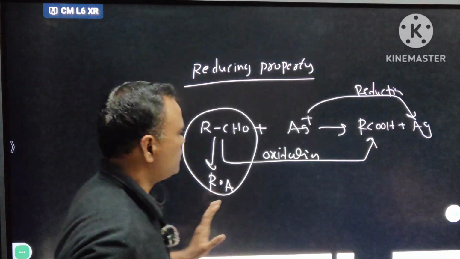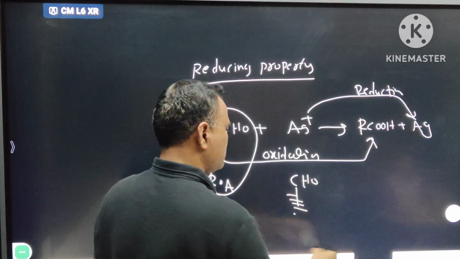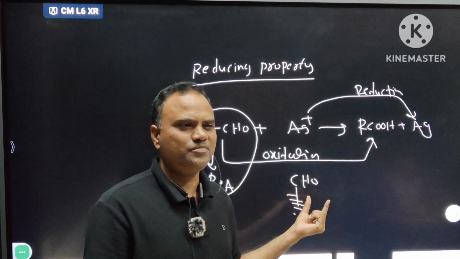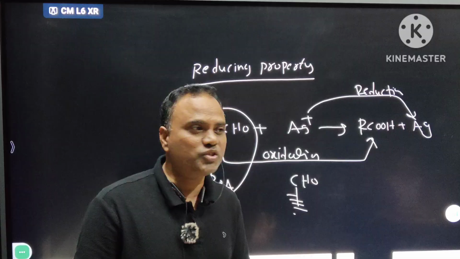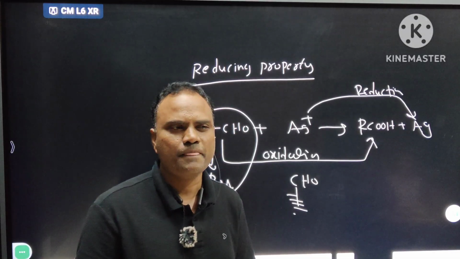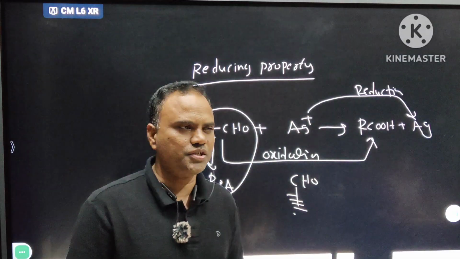Clear? In glucose also, see the structure of glucose, CHO and the remaining structure will be there. In glucose, CHO is present. So can we call glucose a reducing agent? Reducing sugar. So based on the reducing property, glucose is a reducing agent.